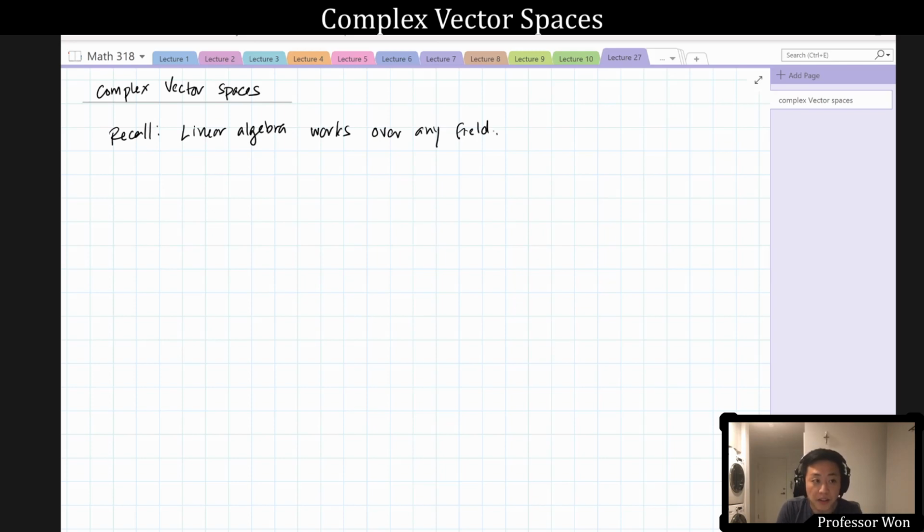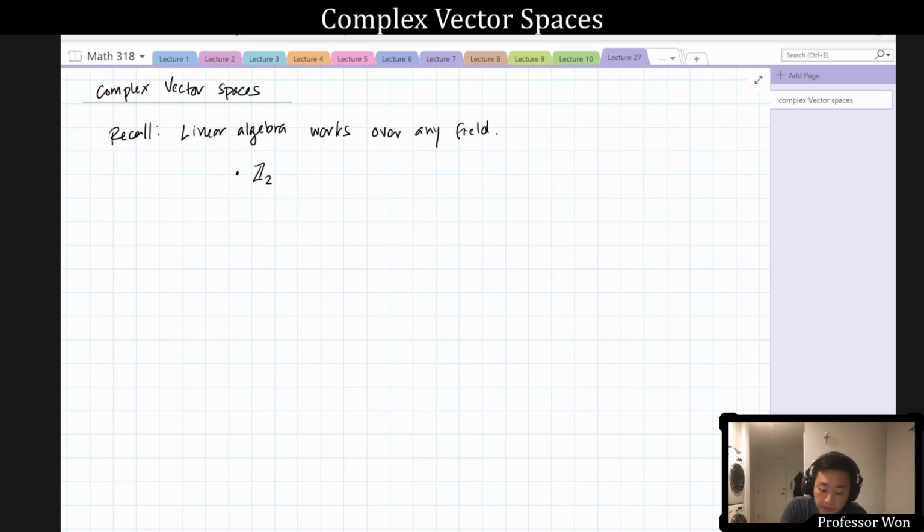But all the theorems you learn from 308 work over any field, right? So we just took a look at an example where Z2 was very natural, right? When we were looking at error correcting codes, the Hamming code, it was very natural to think about Z2. There's also a nice way to picture vector spaces over Z2 as the corners of the unit hypercube.